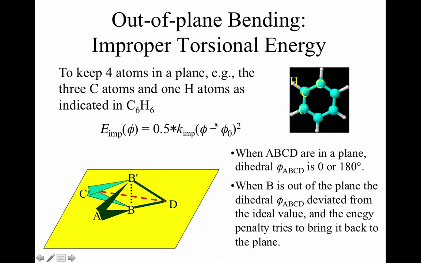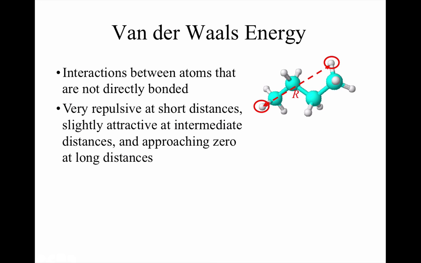Now if this phi value moves away from the value phi 0, which in the case of benzene would be 0, then it will cost some energy. So by putting these improper torsional energy terms into our force field description, we build into the model that it will cost some energy, for example for benzene, to become non-planar. So this is our way in molecular mechanics to impose planarity, for example in conjugated molecules.